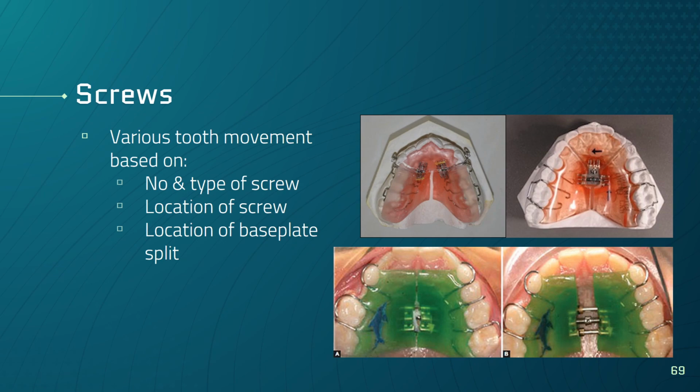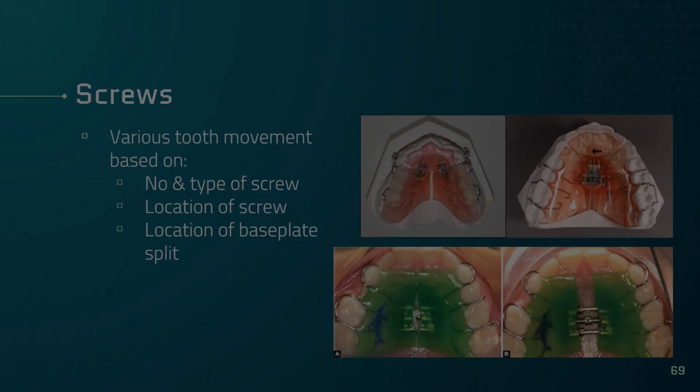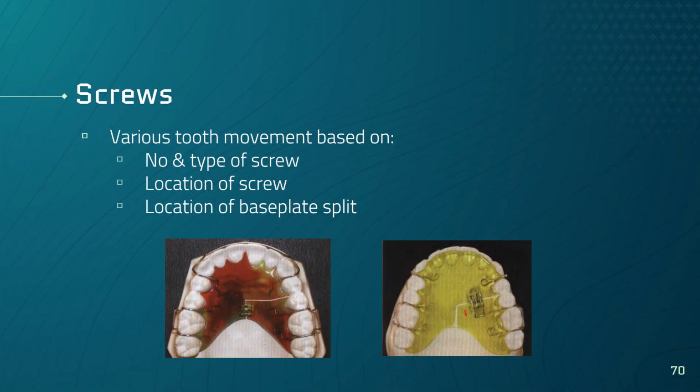Have a look at these diagrams, and this is what I mean by the tooth movement will be based on how you split the base plate and also where the screw is located.